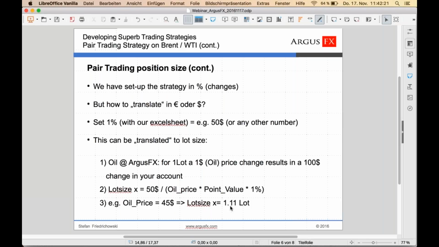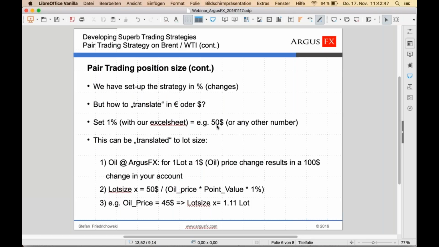Then I have to trade 1.11 lot. And if now the price of the oil goes up or down by exactly 1%, then my account would go up or down depending on trade direction and the sign of the change, exactly by $50.